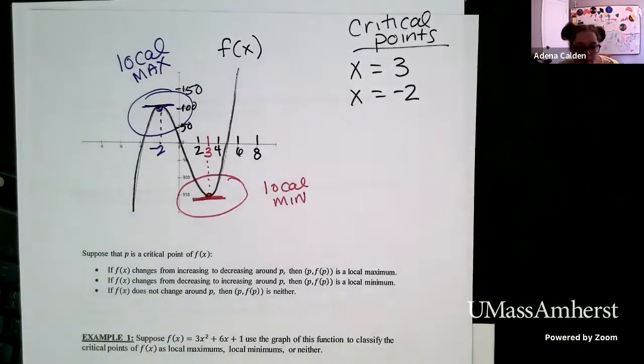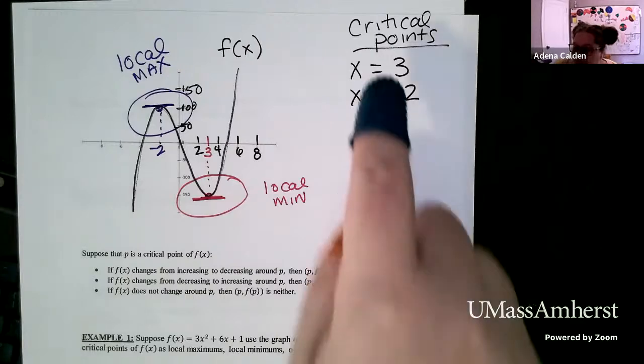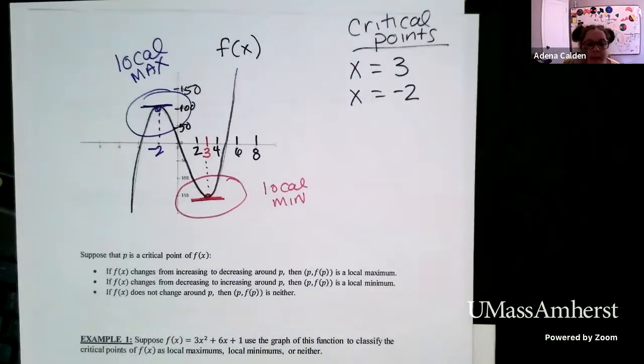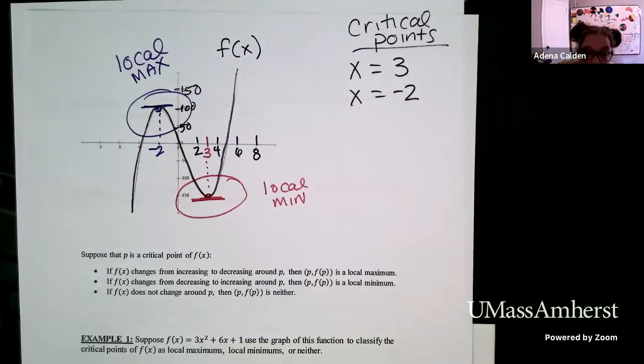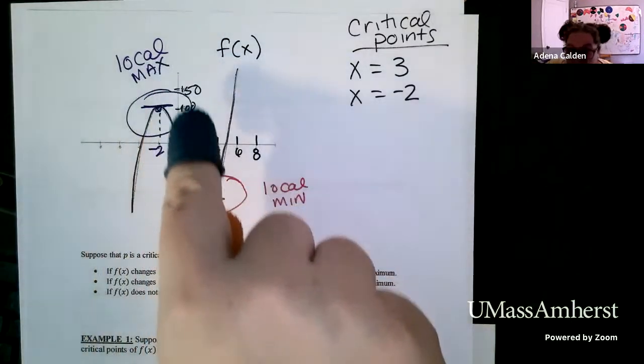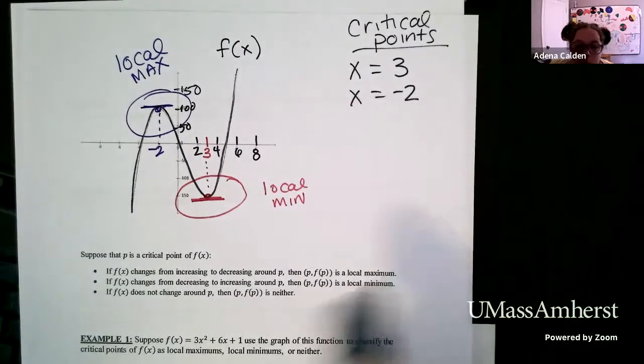So how do we formally think about and talk about what we're doing when we visually inspect? The rules look like this. Suppose that P is a critical point of f of x, so that means we've determined the critical points. If f of x changes from increasing to decreasing, so if we're going up and then down, then we have a local maximum.